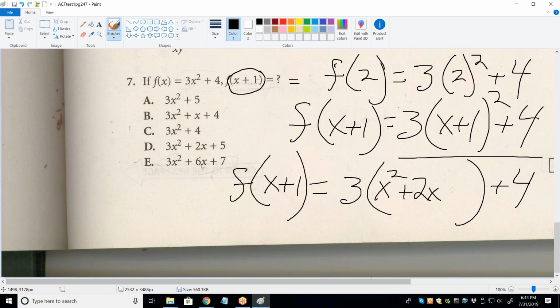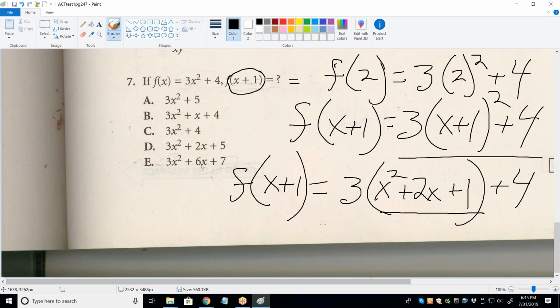Okay, there you go. Not 1x. Just 1. In other words, x plus 1 times x plus 1 is x squared plus 2x plus 1. Okay? And notice the whole thing is still being multiplied by 3. The 3 was not being squared. Just the x plus 1 was being squared.